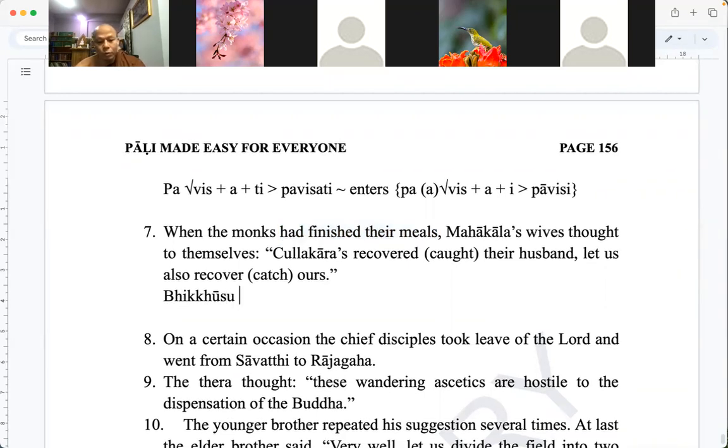So Bhikkhusu, Badam, Bodha Visu. Maybe you remember, Buj is to eat.